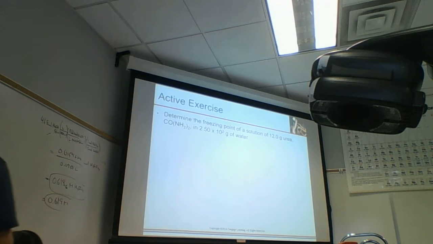Urea consists of 1 carbon, which is 12.01, 1 oxygen, which is 16.00, 4 hydrogens, which is 4.04, and 2 nitrogens, which is 28.02. Just add those up: 60.07.